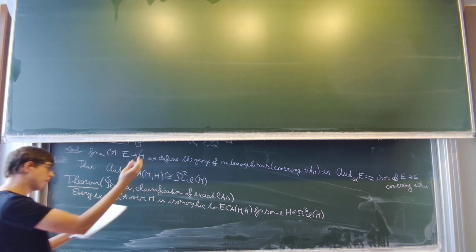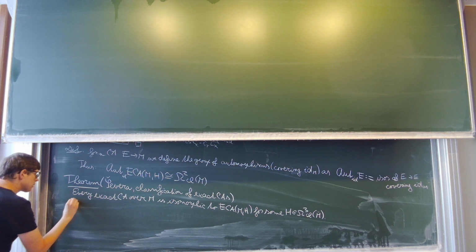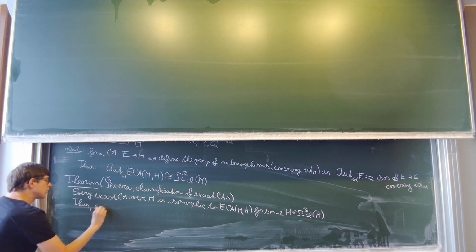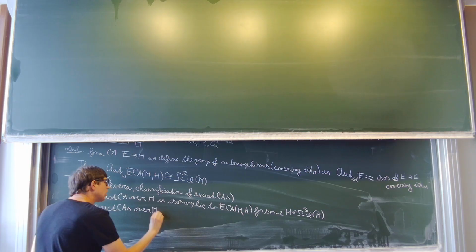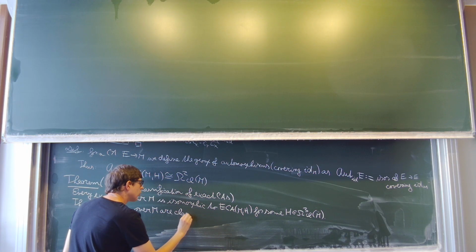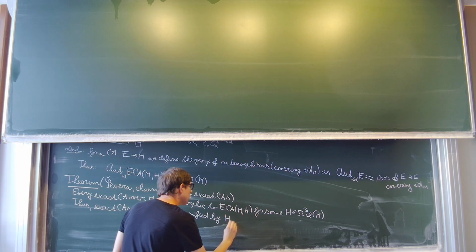And hence, together with the proposition that we just showed, thus exact Courant algebroids over M are classified by the third cohomology.